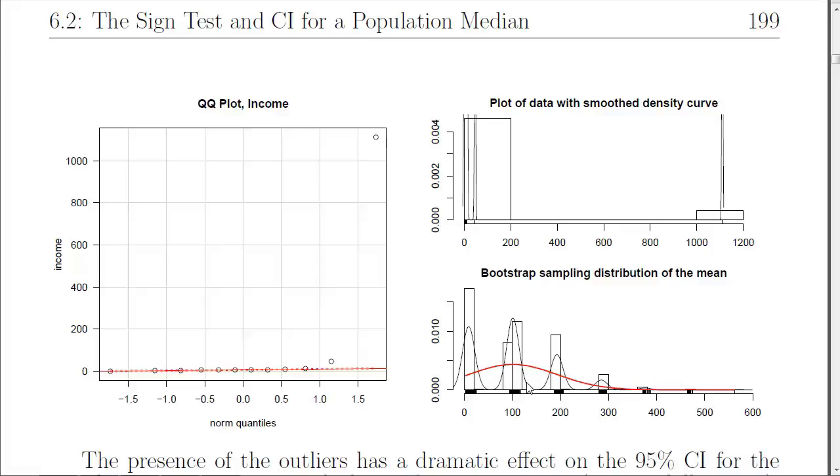This effectively is the number of times that we observe the most extreme value, the 1,000, in our bootstrap sample. Most of our samples do not include that most extreme value, but when we include it once, we get a mean around 100. If we include it twice, we get a mean around 200, and 3 times around 300. So this is really just showing us how influential that one observation is.